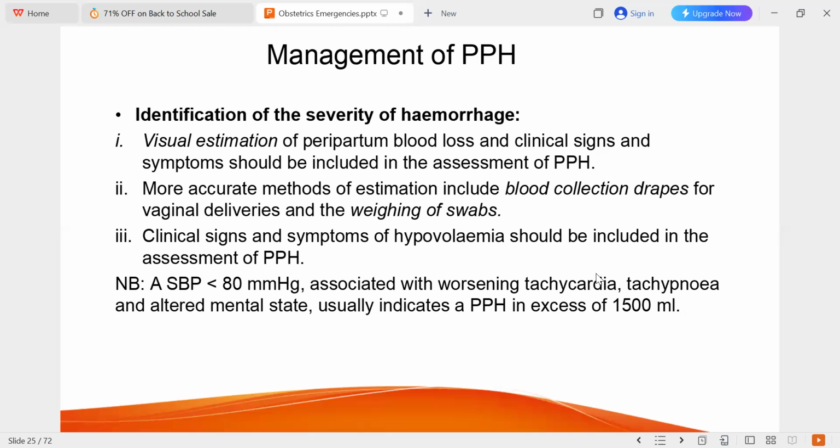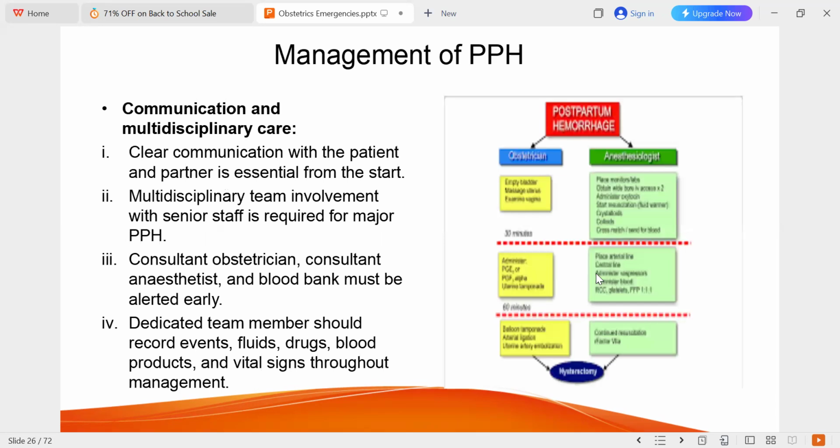So a patient who is hypotensive with systolic blood pressure less than 80, there is tachycardia, tachypnea, and altered status, this patient most likely would have lost above 1.5 liters of blood. So identification, okay, of severity of blood loss is very important and is the first step in the management of PPH.